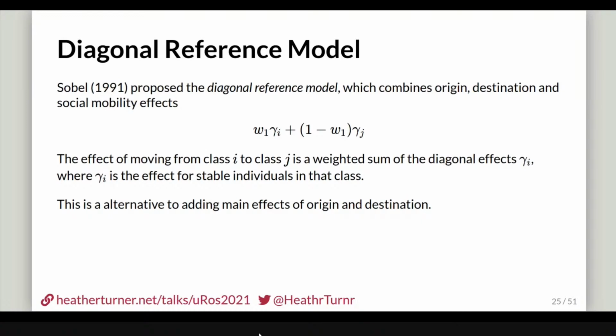And for those that aren't in the same class, it takes a weighting of the origin diagonal effect and the destination diagonal effect. So this is a structured main effect because we're taking a weighting of the origin and destination effects rather than just adding main effects of origin and destination in the model.